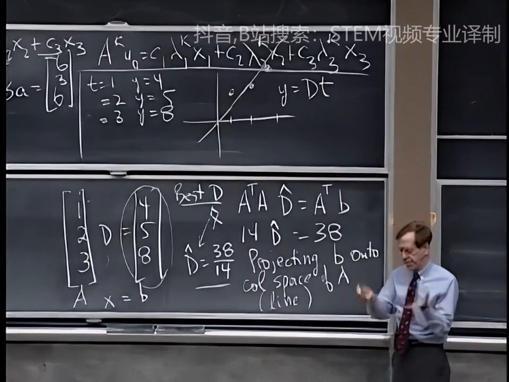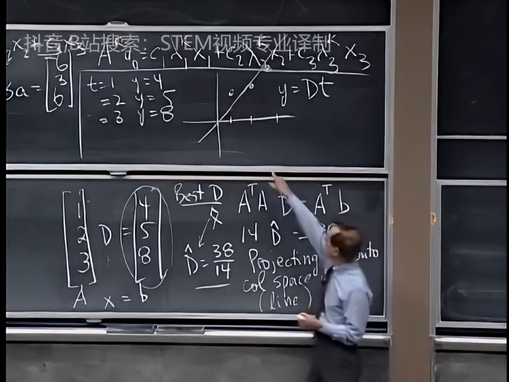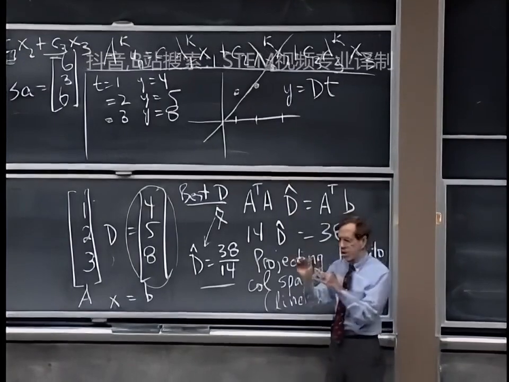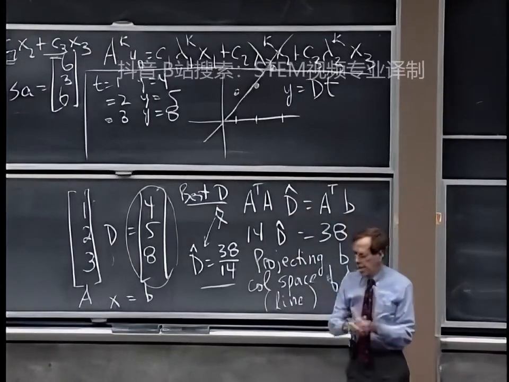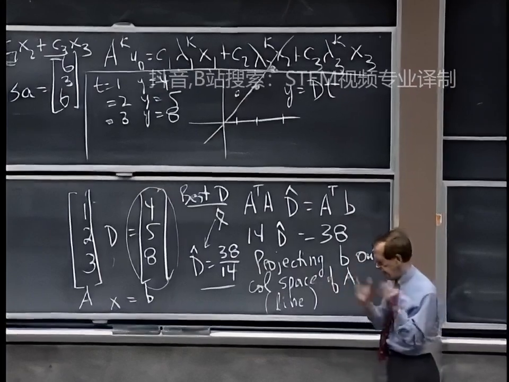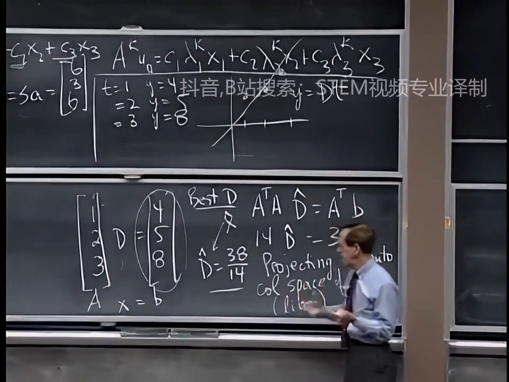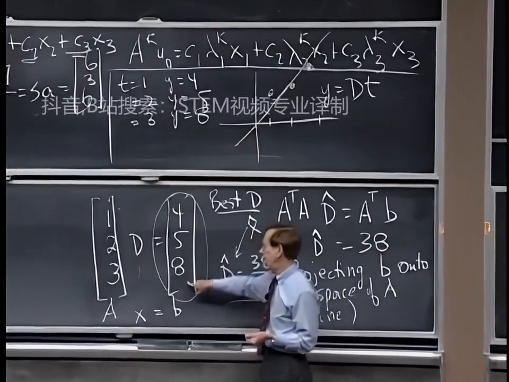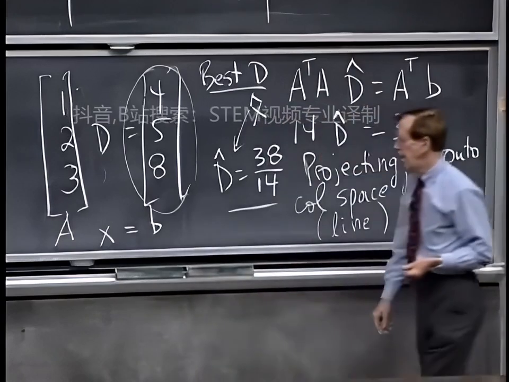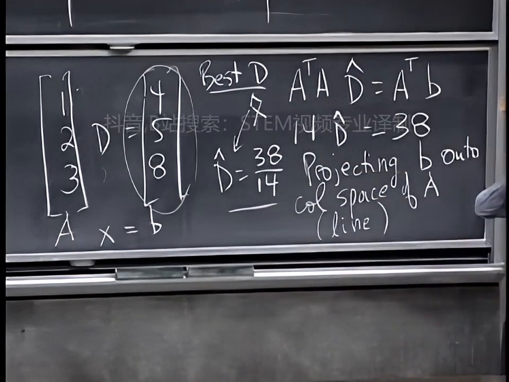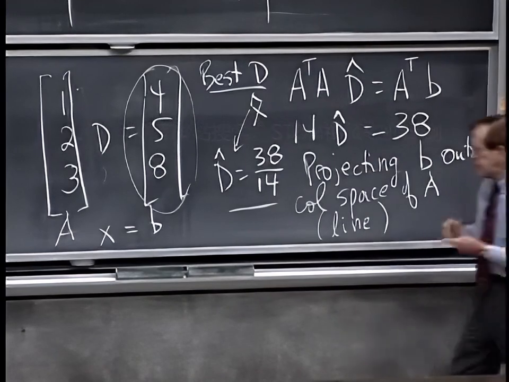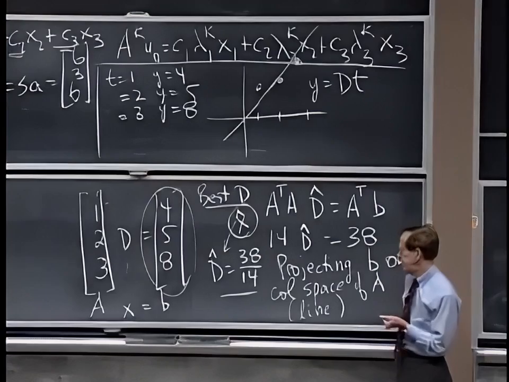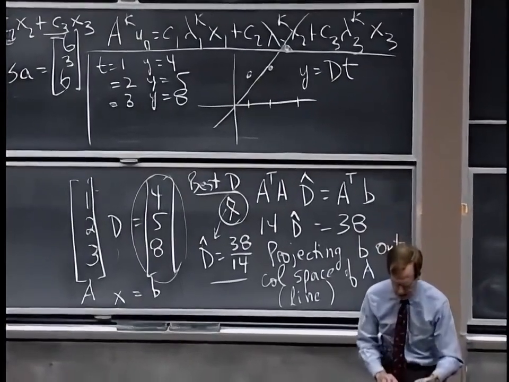So seeing it as a projection means I don't see the projection in this figure, right? In this figure, I'm not projecting those points onto that line or anything of the sort. The projection picture for least squares is in the space where b lies, the whole vector b, and the columns of A. And then the x is the best combination that gives the projection. Okay, so that's a chance to tell me that.